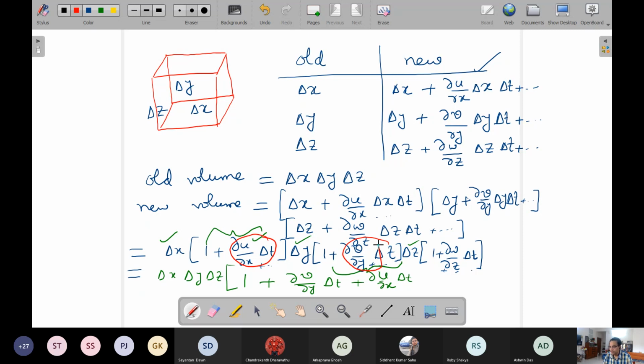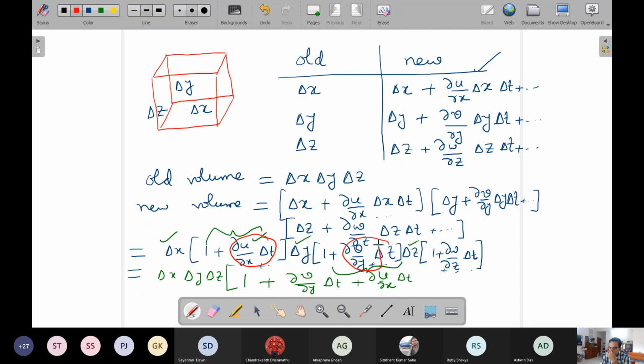A better way is you try to read the mind of the person who is doing the derivation. That's why all these things are being done. So at the end, you think about a few steps in advance, what is the direction in which we are moving. We are moving in a direction to calculate the change in volume per unit time.